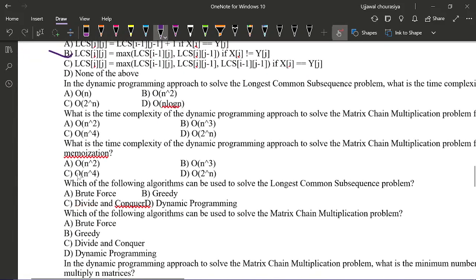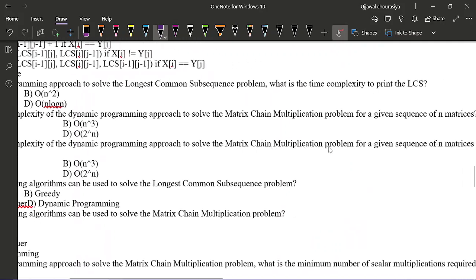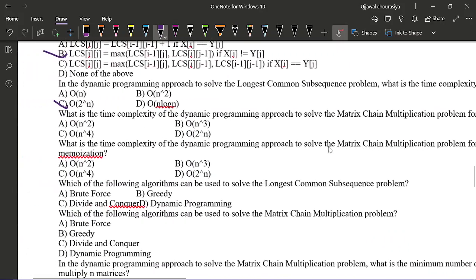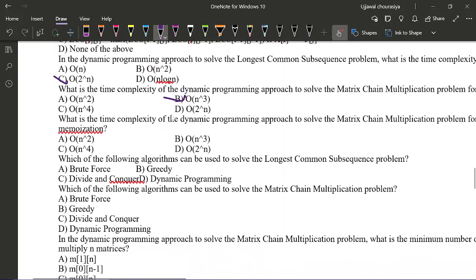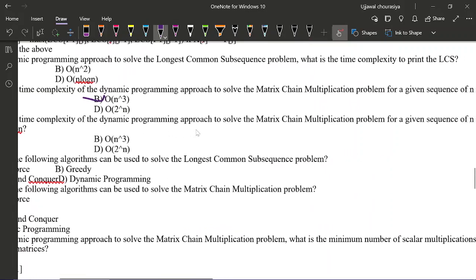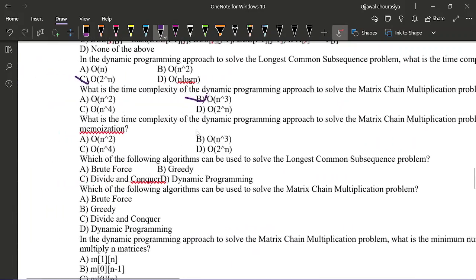Order of 2 to the power n. What is the time complexity of the dynamic programming approach to solve matrix chain multiplication for a given sequence of matrices? It's order of n cube.